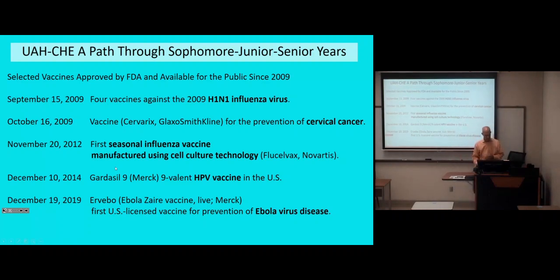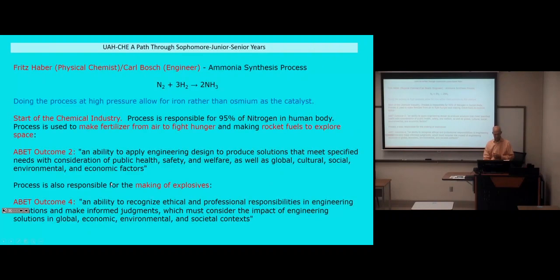And then in 2019 we had the first vaccine for the prevention of the Ebola virus disease. So things happen very rapidly, particularly now that we've got the technology behind us, so we can really apply that technology to help the human condition. Right? And you should not forget to make your employer money, and that's how you stay employed.